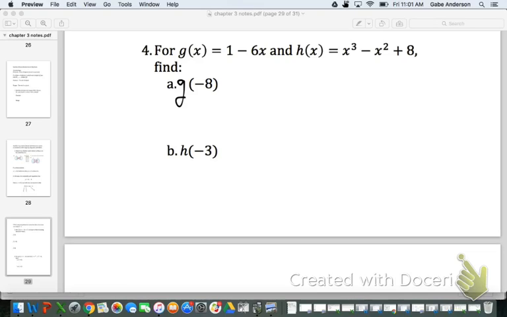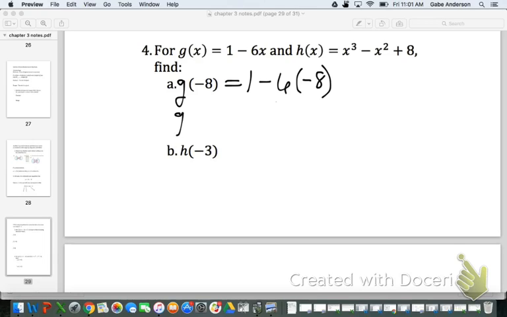For letter A, what did that look like for you? Okay, so the first, g of negative 8 equals 1 minus 6 and then negative 8. So what do you mean by and then? Oh, in parentheses, okay. Keep going.